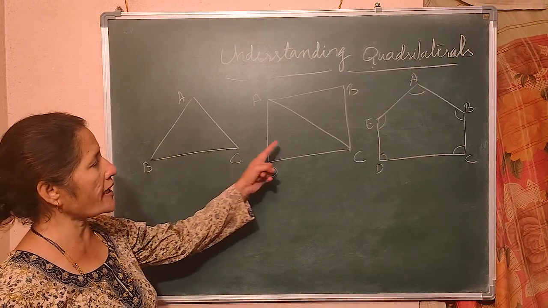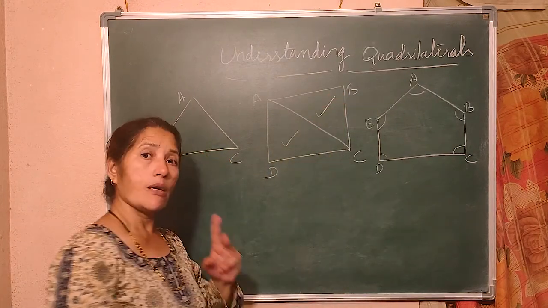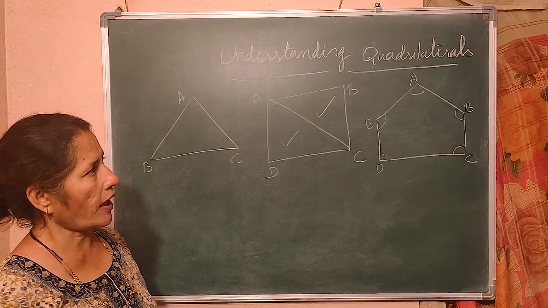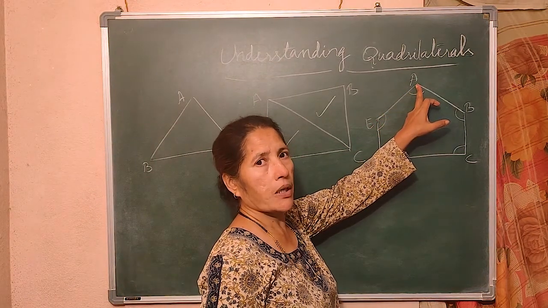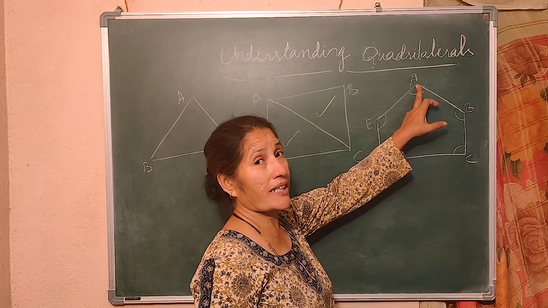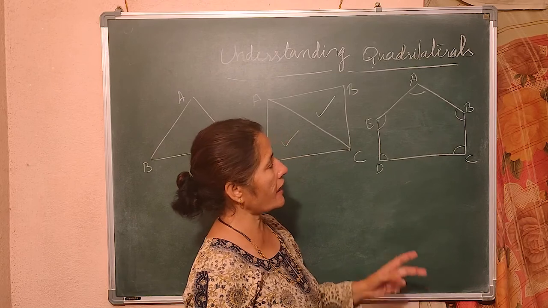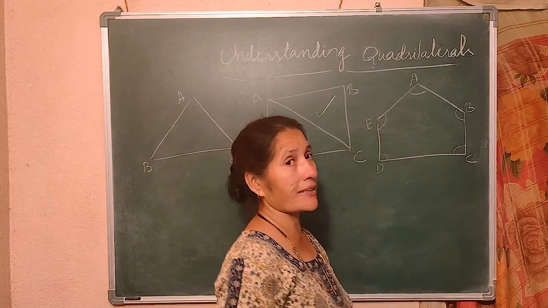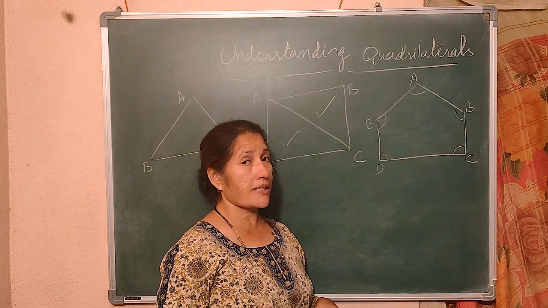So, when I draw a diagonal in a quadrilateral, how many triangles are there? 2 triangles. Now, you take that E, A. What are the adjacent vertices? E and B. Other than E and B, other than A and B, are there any other vertices?